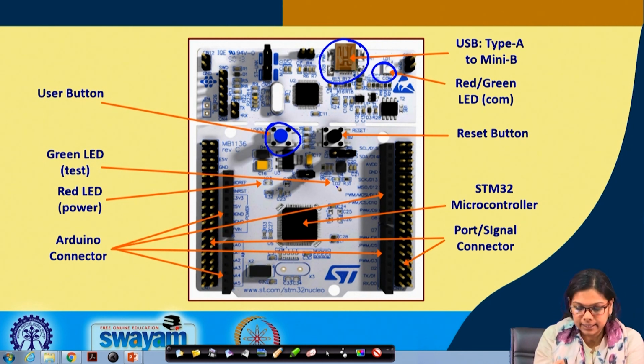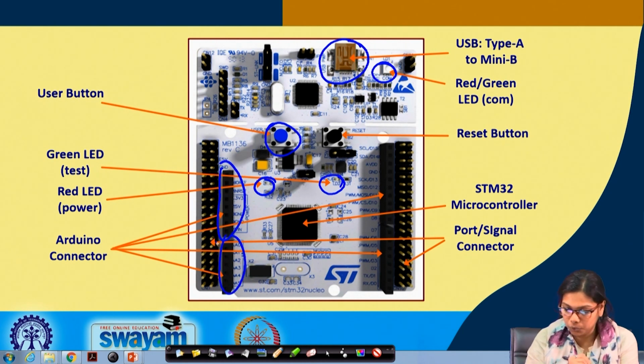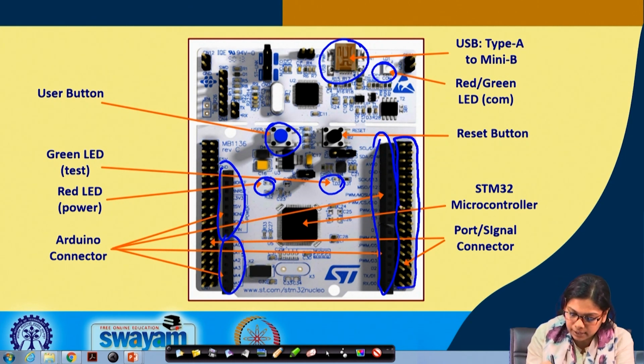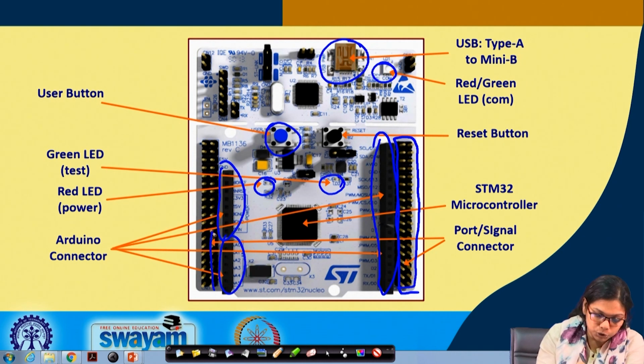Now, there is a green LED here, that is a test LED. There is a red LED which is the power LED, and these are the Arduino connectors. These which we will be using are all Arduino connectors, and there are many other ports, other signal connectors which we can also use.